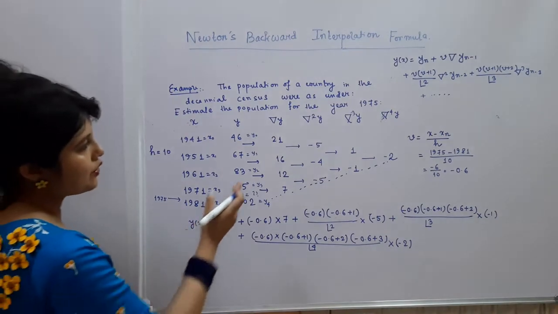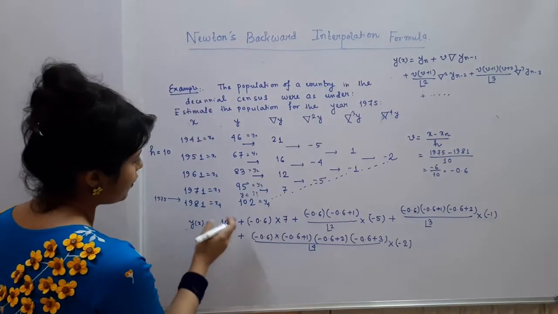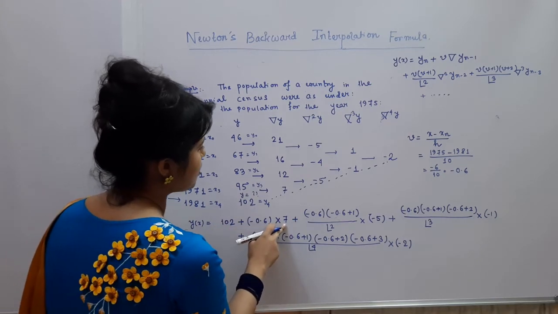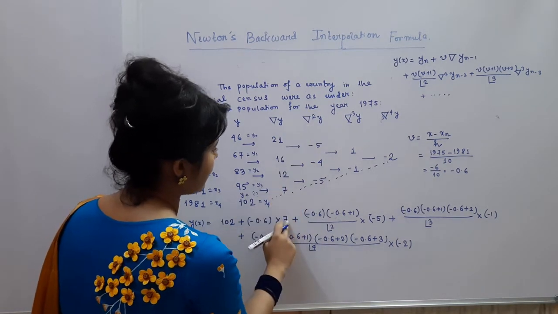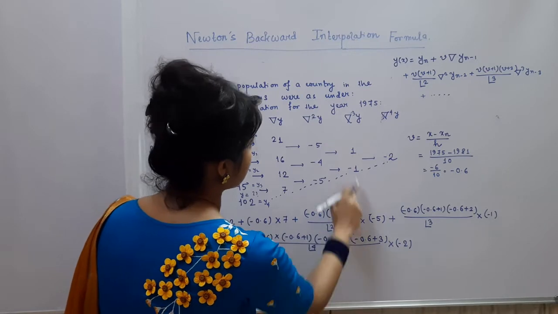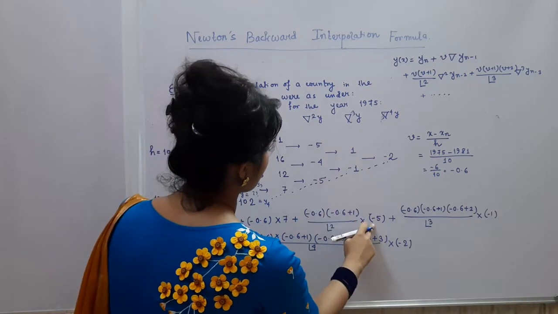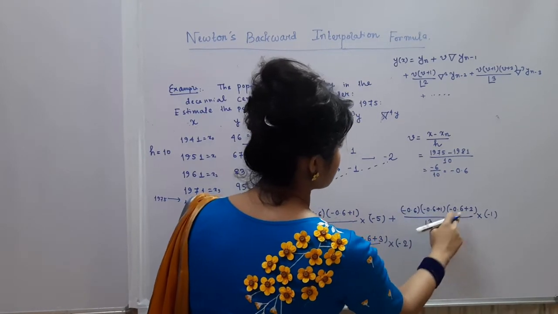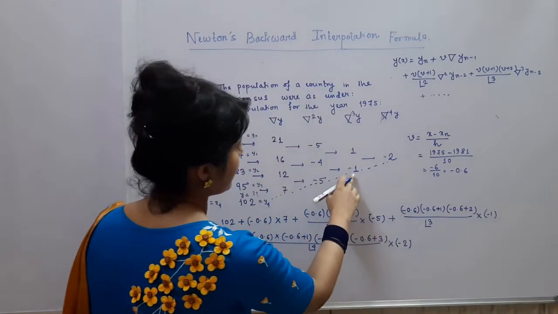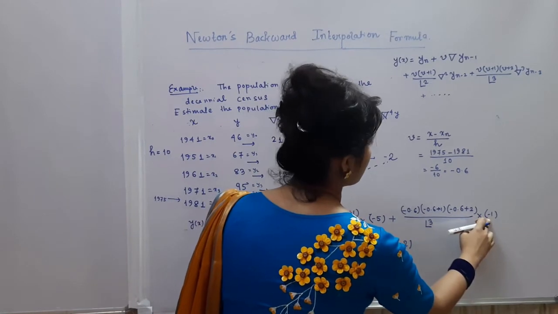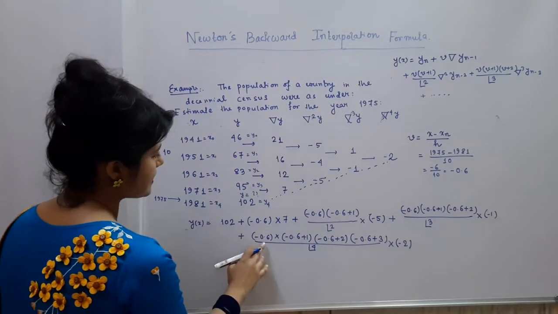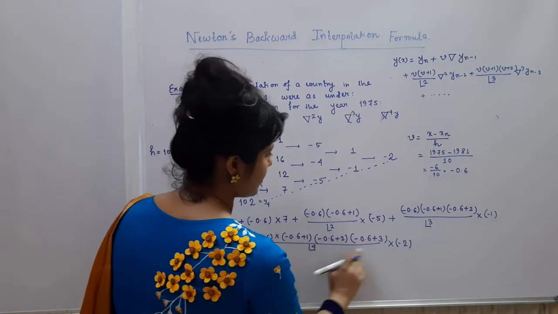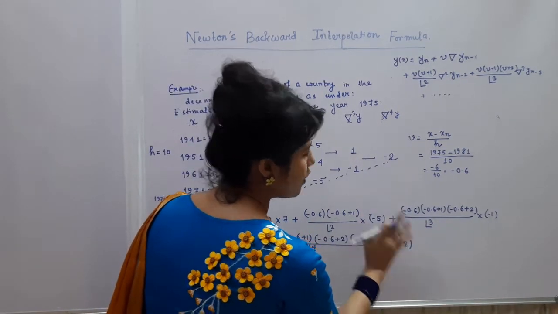So using this formula I am substituting: first y4 plus v into delta y3 plus v into v plus 1 by factorial 2 into delta square y2 plus v into v plus 1 into v plus 2 by factorial 3 into delta cube y1, and plus v into v plus 1 into v plus 2 into v plus 3 divided by factorial 4 into delta 4 y0.